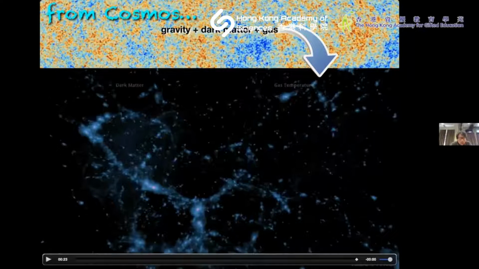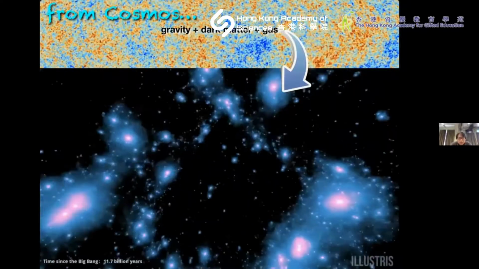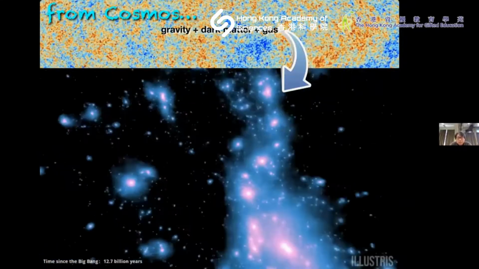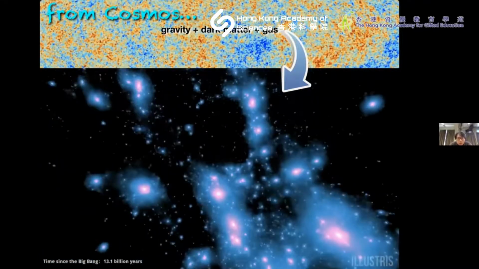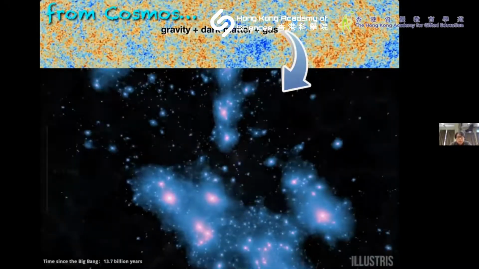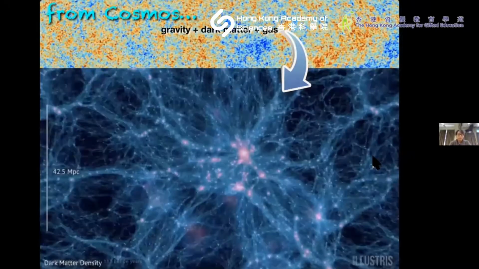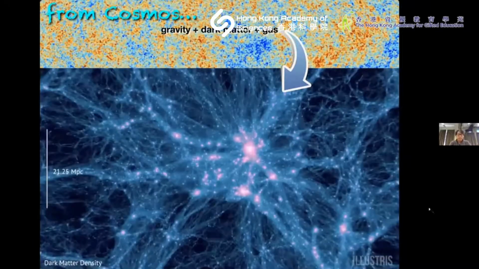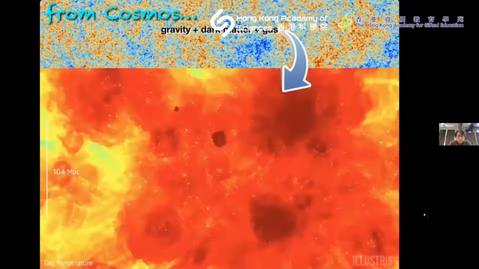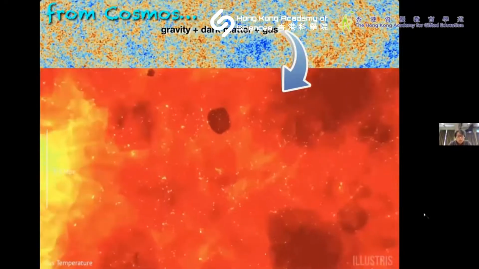Okay, so I have 10 billion years right at this point. The coming together of dark and ordinary matter, ordinary matter that heats up as gravity compresses it. So now we're zooming in.